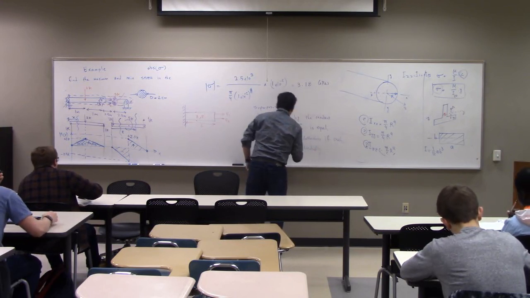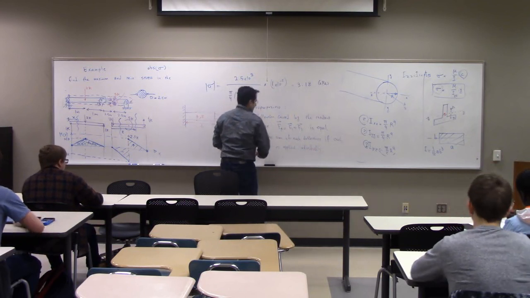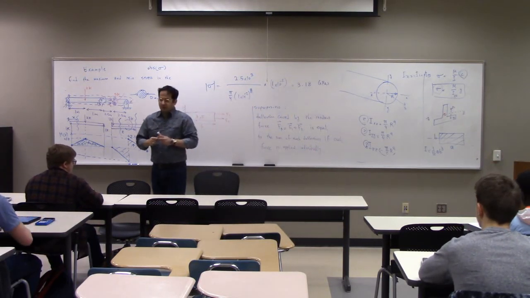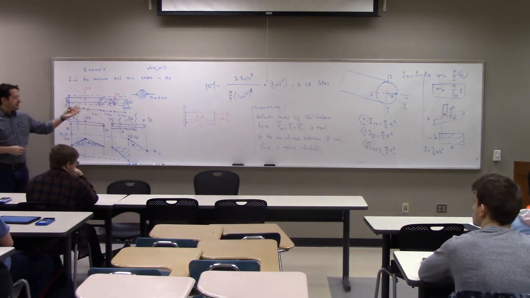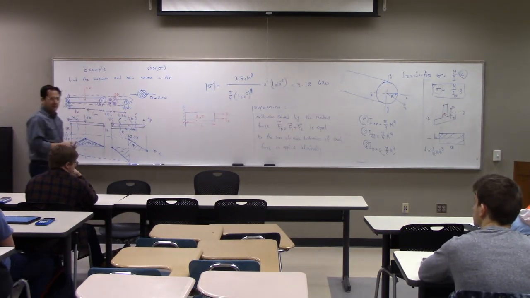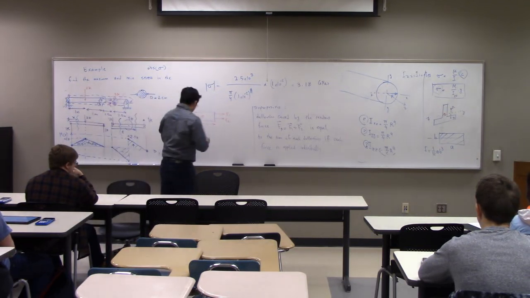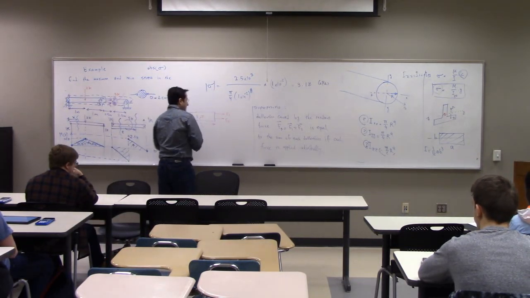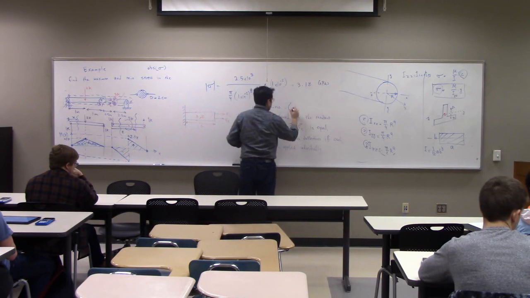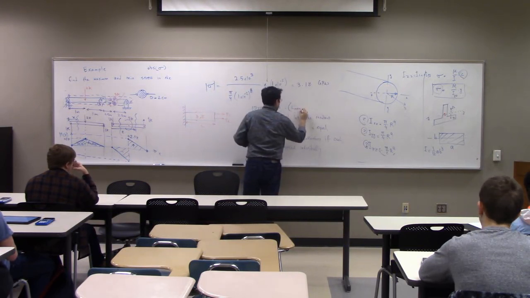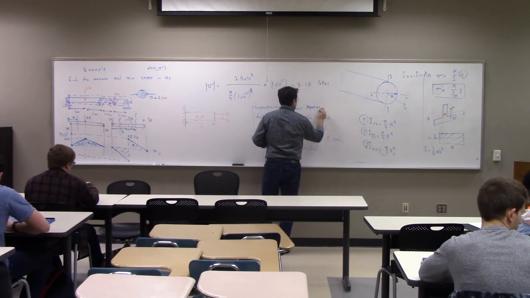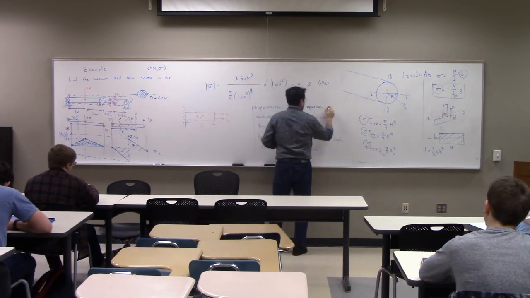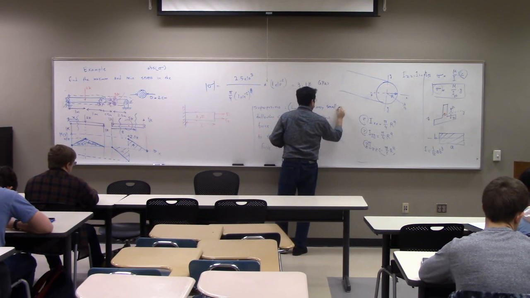So this is a very interesting principle. There is an assumption for that. The assumption is that the material should behave linearly. So the assumption of superposition is linear equations at a small deformation.